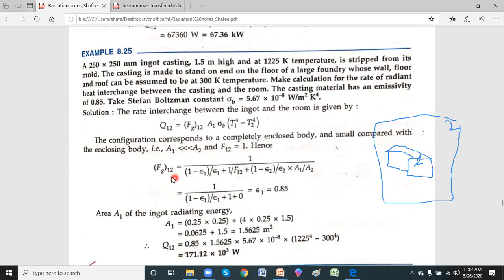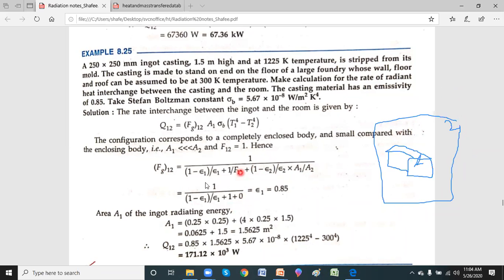Now find the gray body factor, that is 1 by [(1 minus epsilon 1)/epsilon 1 plus 1/F12 plus (1 minus epsilon 2)/epsilon 2]. There is no epsilon 2 for a room; I can't say what its emissivity is, so that term becomes 0. This parameter of epsilon 2 we don't have, so it's 0.